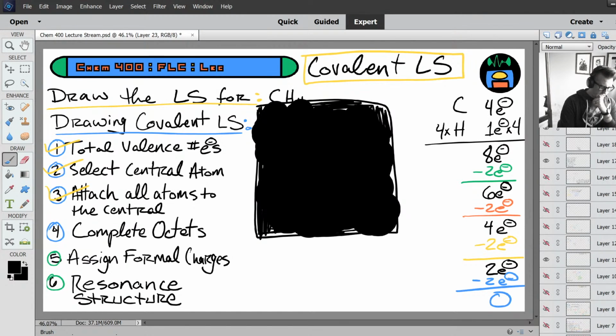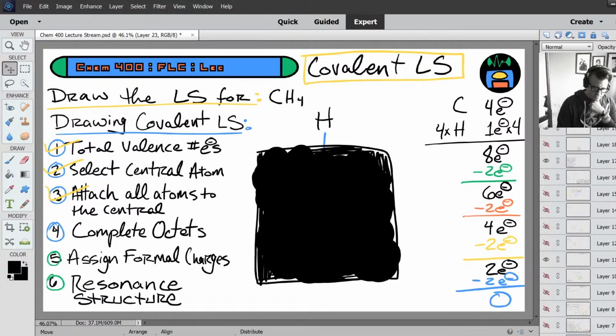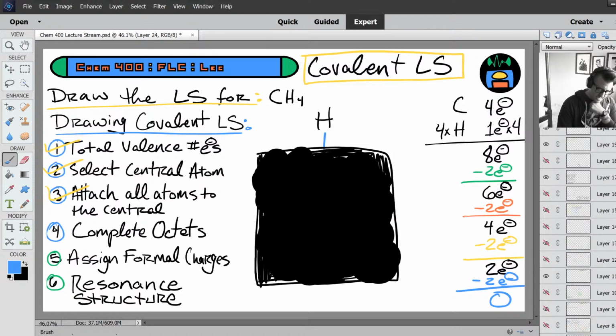So if I look at this hydrogen, how many electrons does it have access to? The answer is it has access to 2 electrons. It's happy.